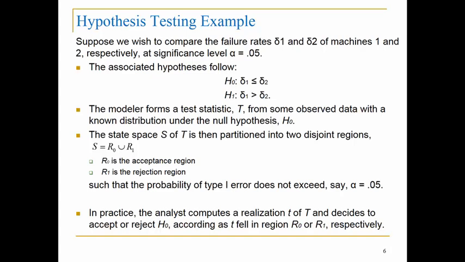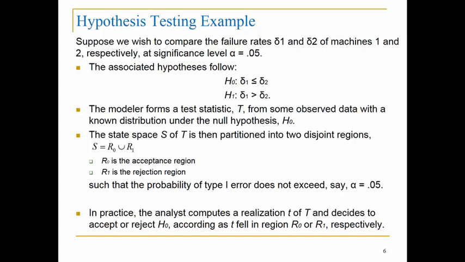Our null hypothesis says that the failure rate of the first machine is less than or equal to the failure rate of the second machine. And our alternative hypothesis, the complement, says that the failure rate of the first machine is greater than the failure rate of the second machine.